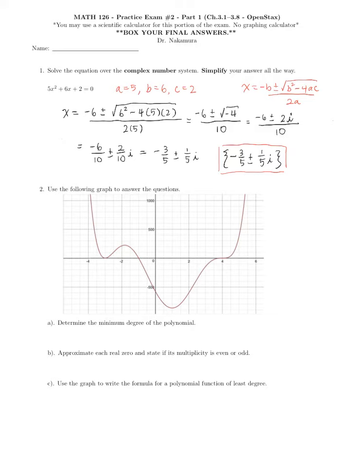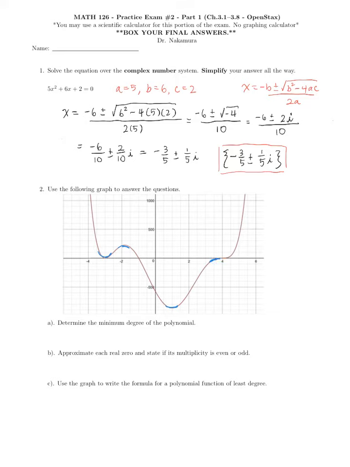So this is decreasing to increasing, so here is turning point number 1. Increasing to decreasing, turning point number 2, turning point number 3. Now this one's a little confusing, but this is going to be another turning point right here.